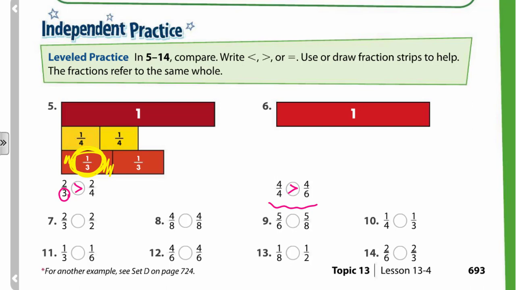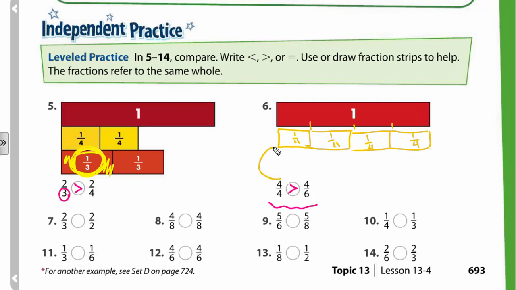So I will start first by drawing 4/4. Divide the whole into 4 parts. 1, 2, 3, 4. I'm drawing quickly. Okay, so it's not a good one. So this is 1/4, 1/4, 1/4, 1/4.